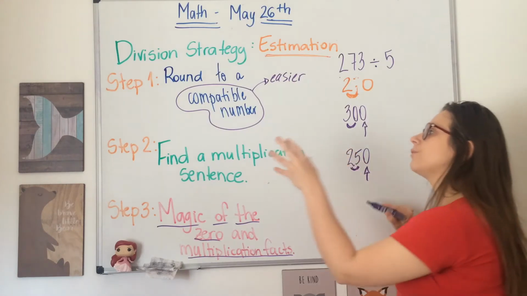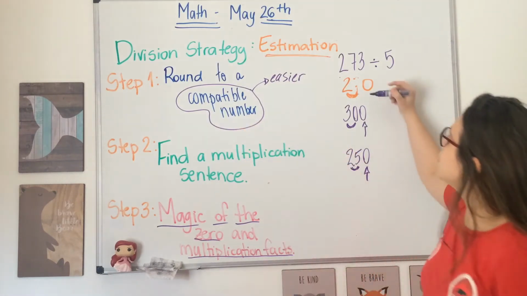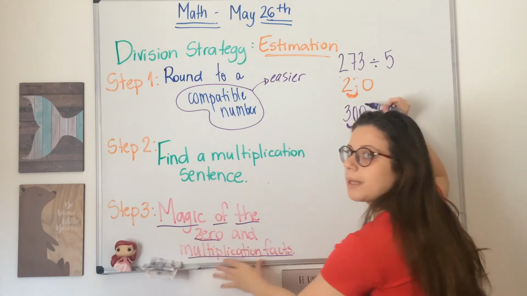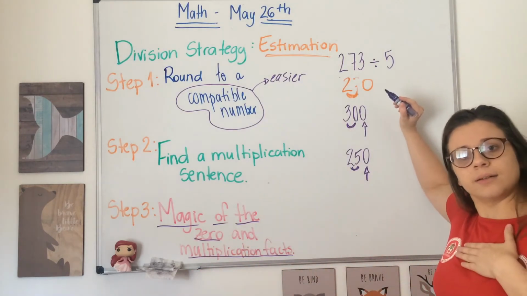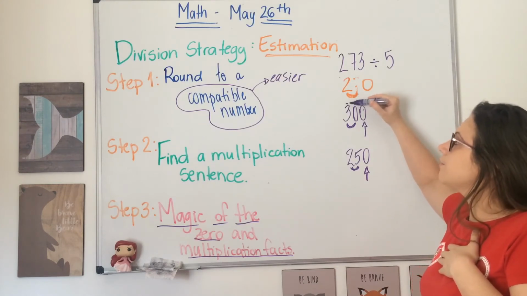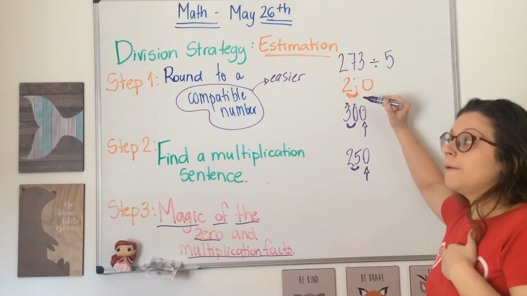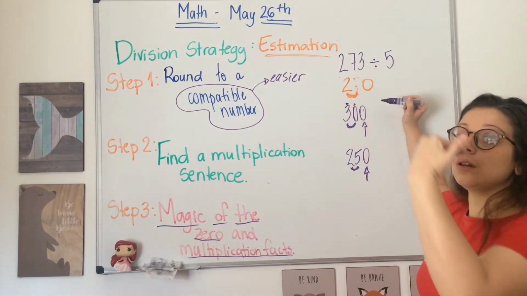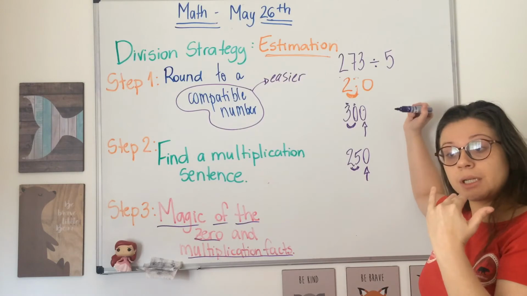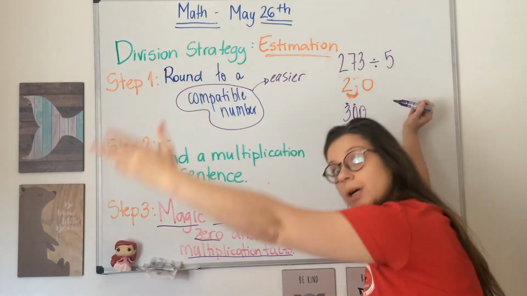So when I'm looking for a compatible number, I need to use the magic of the zero and the multiplication facts in my favor. So I always put the zero here, and I always look for a multiple. I like to round to the lower, always to the lower, so my number is reasonable, but it's not too far away.